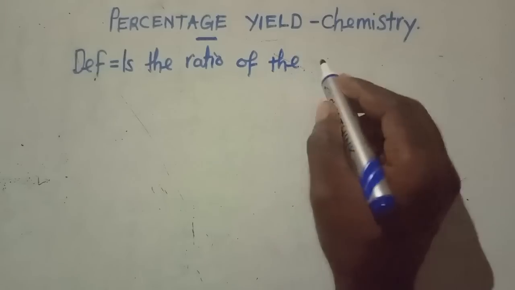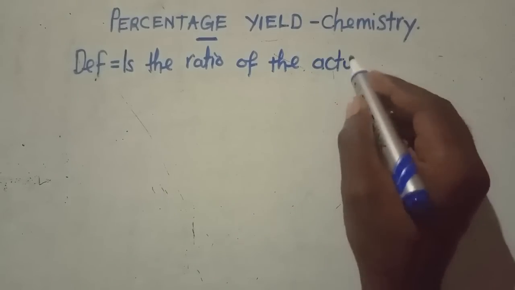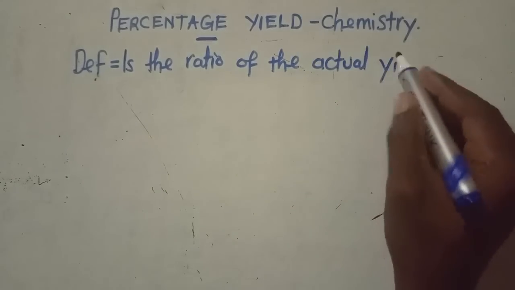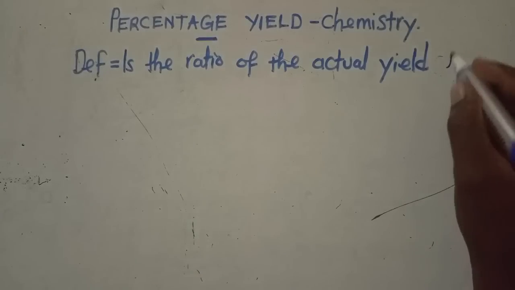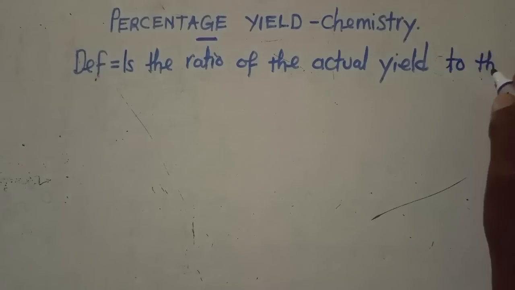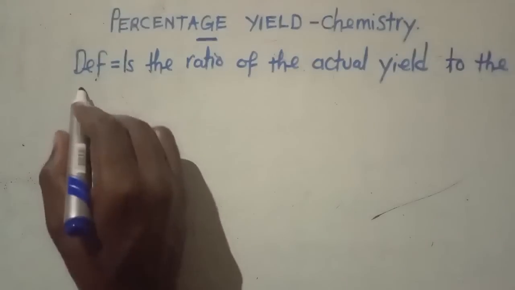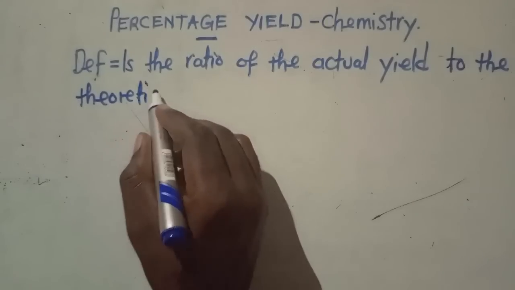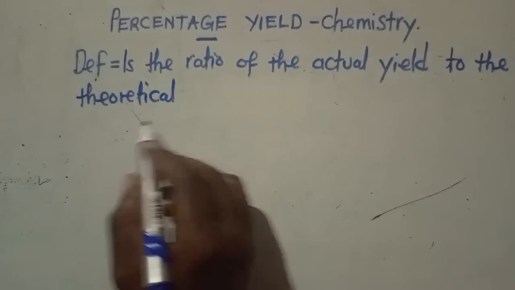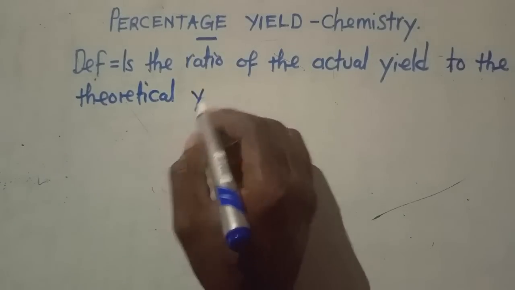It is the ratio of the actual yield to the theoretical yield, from the word theory, the one that we calculate from the theoretical yield.